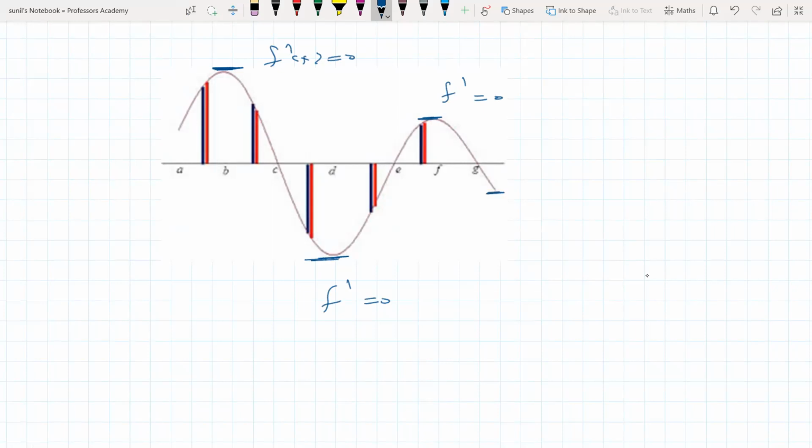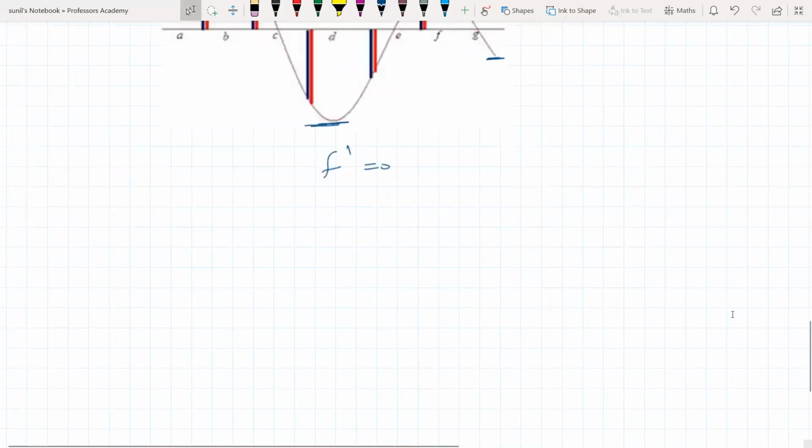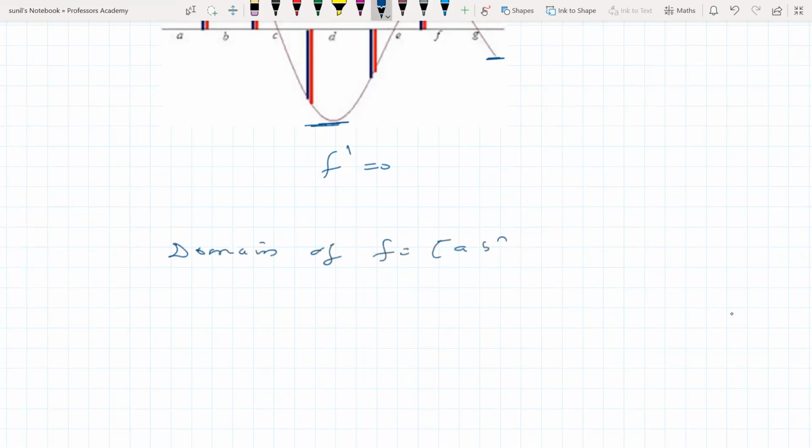Otherwise, the endpoints may also be the minimum or maximum, that is also possible. So where the derivative becomes 0, there you can find the maximum or minimum value of the graph. Let me tell you the concept. The domain of the function is [a, b] and the derivative becomes 0 at, say, x equal to x1, and maybe more points like this.